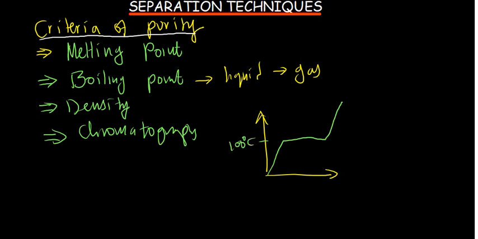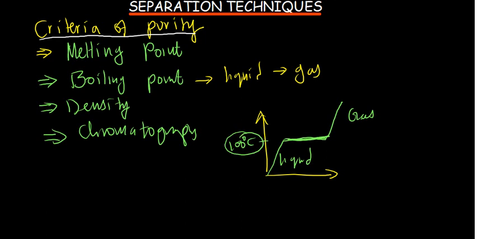So if here you've got liquid water, here we're going to have gaseous water. At this point you can see the temperature is not changing because there's a change of state happening. You are changing from liquid to gas, so the temperature doesn't change.